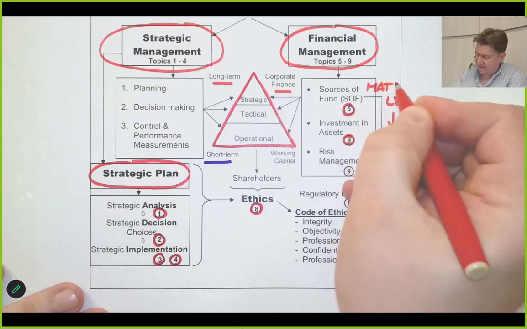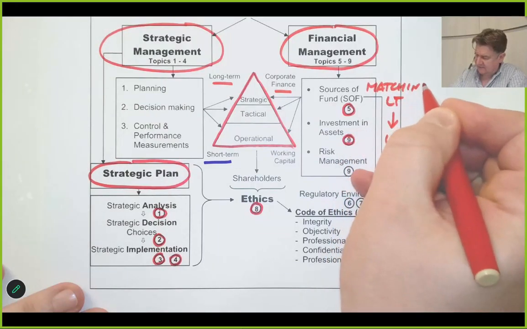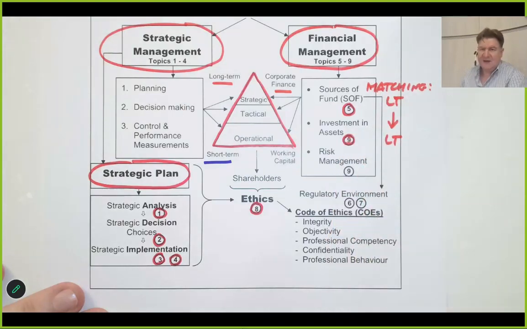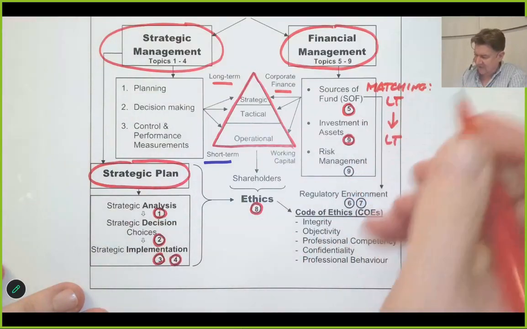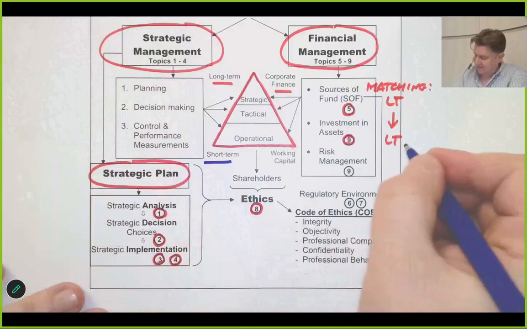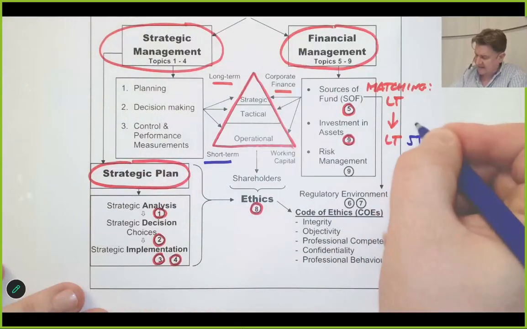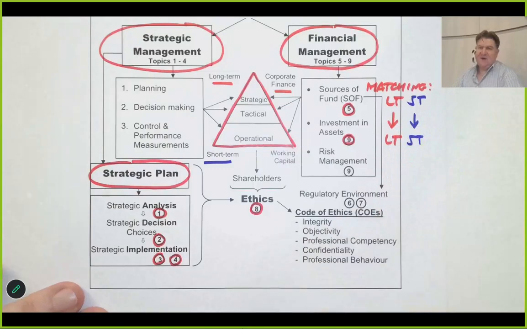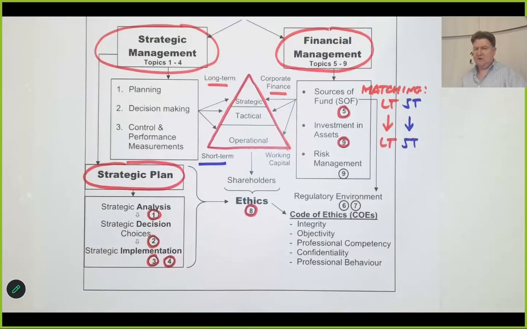So matching is what we should always be thinking about doing. It's an important concept, and we'll spend more time on it in the actual course. We're trying to match the length. Long-term asset, long-term source of funds. If we've got short-term investment in assets, we should be using a short-term source of funds.